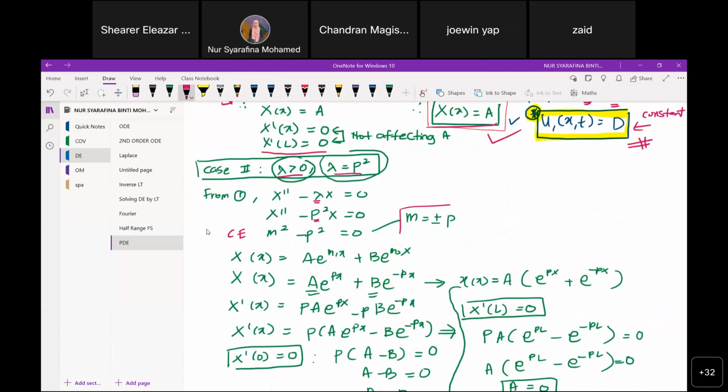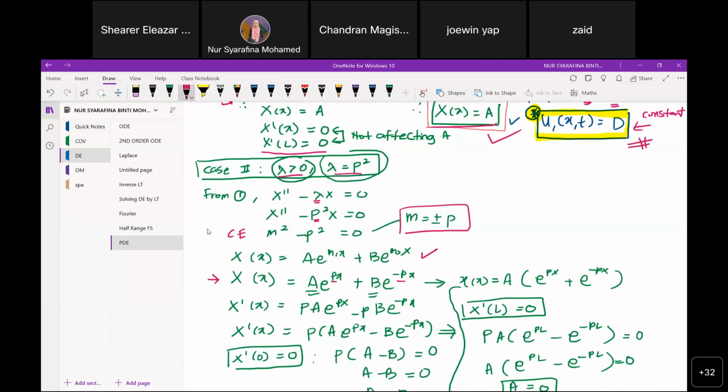Then we have m equals plus minus p, which are real and distinct. So we have x equals A e^(m1 x) plus B e^(m2 x). Then substitute m1 and m2 here with positive p and negative p. So this is your x.